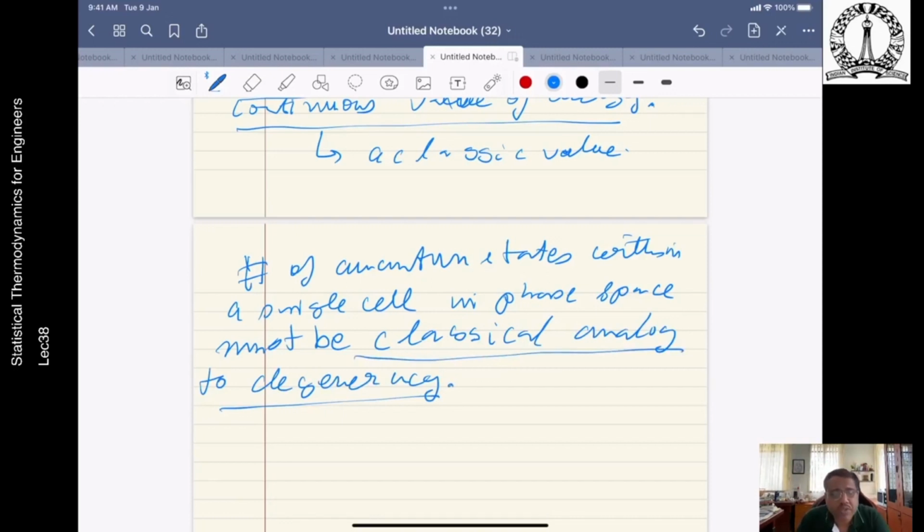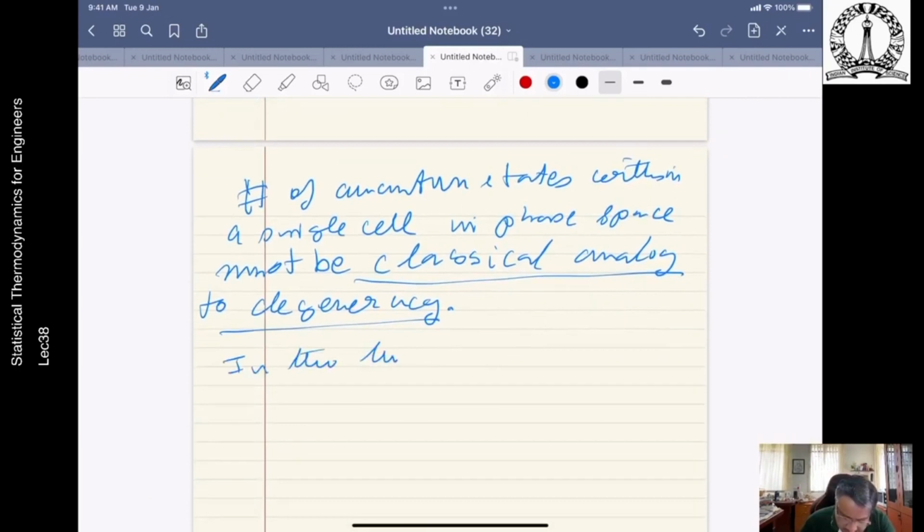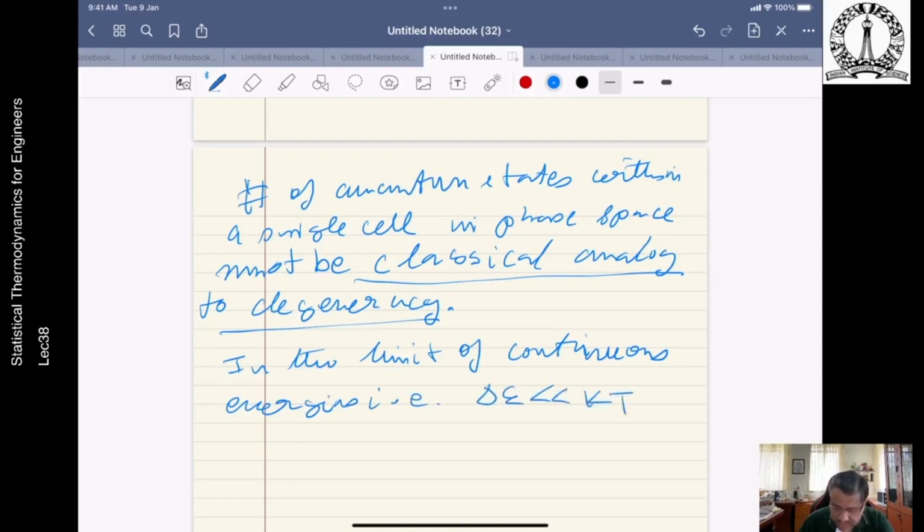The correspondence principle indicates that the classical solutions must be replicated by quantum mechanics in the limit of continuous energies, that is, delta E much less than kT.